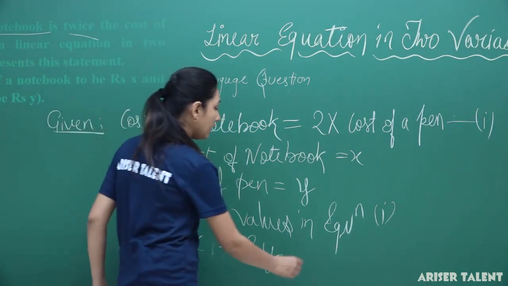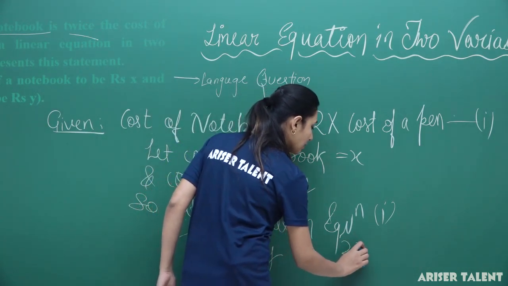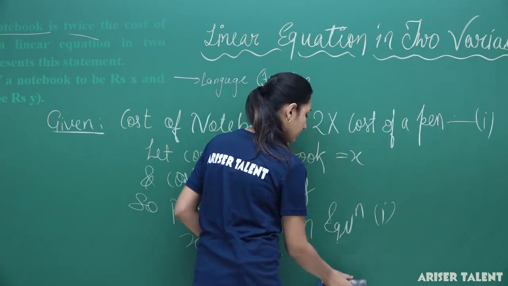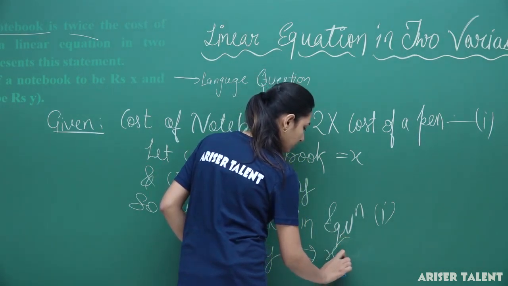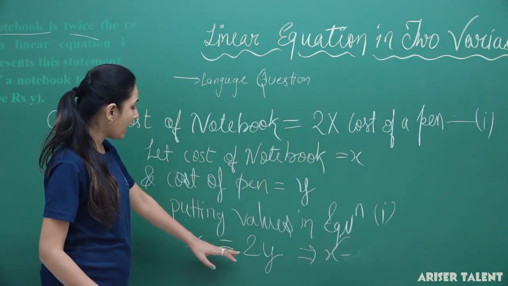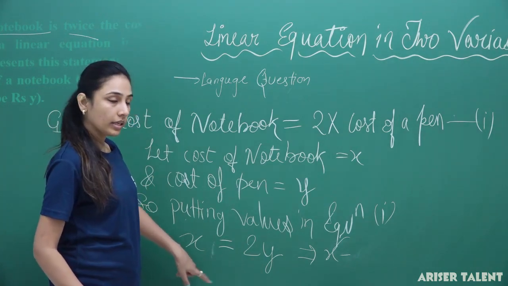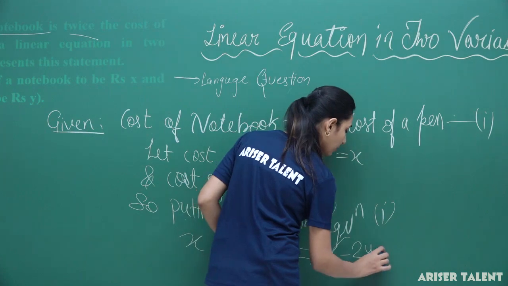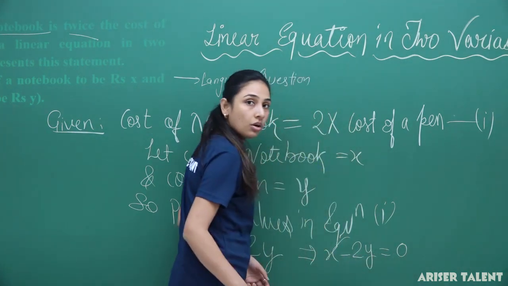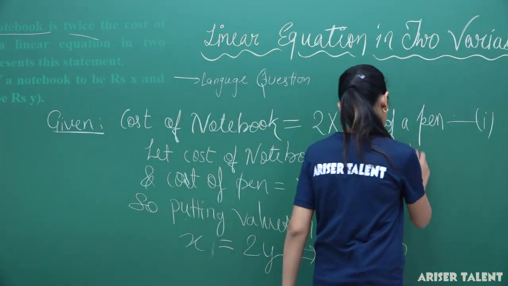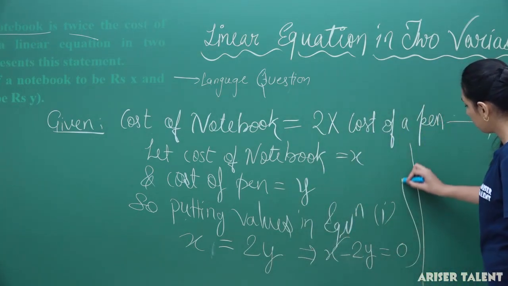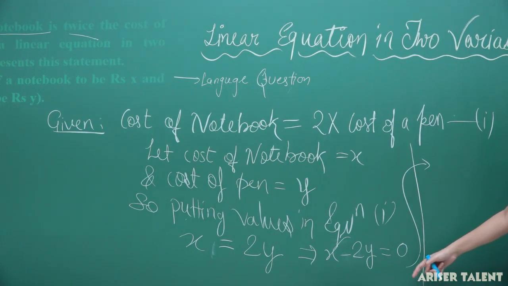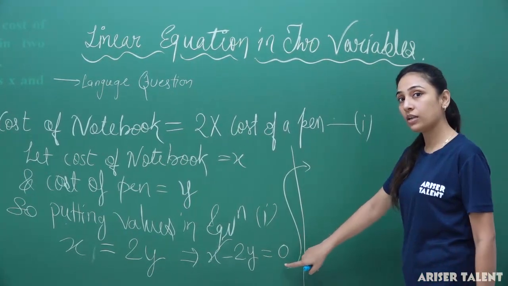Now this can be rewritten as x minus 2y, as I am transposing 2y here, equals 0. So x minus 2y equals 0.